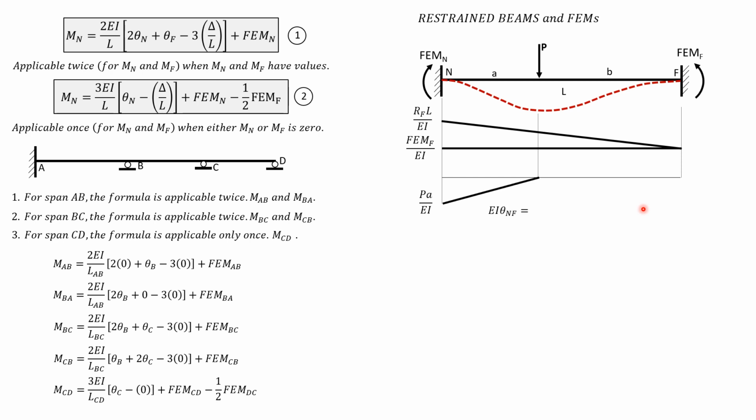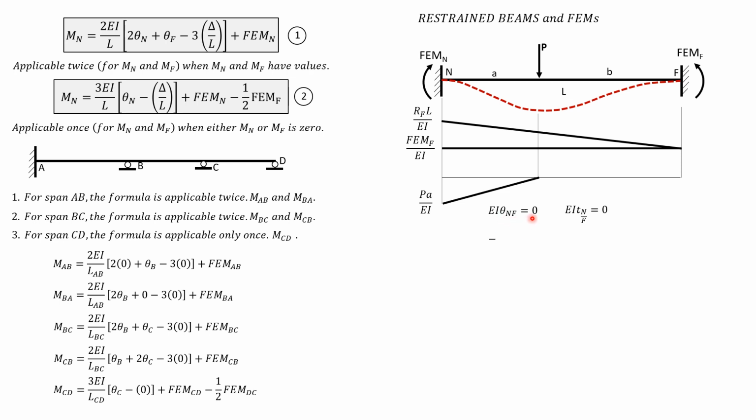So we have EI theta NF equals 0 and EI deviation of N relative to F equals 0. These are the two equations to solve for the two unknowns, the reaction at F and the fixed moment at F. First, EI theta NF.